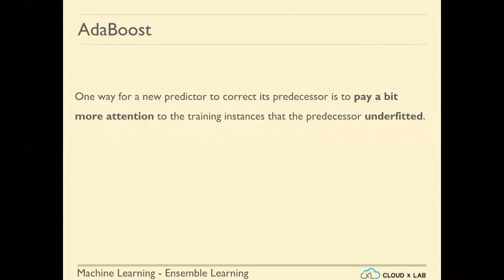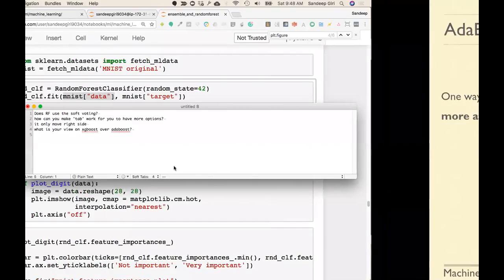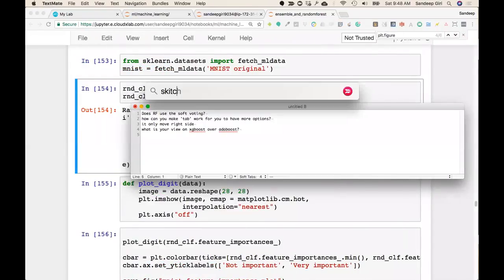So we run the first algorithm, observe what is wrongly classified, and then boost the instances on which the previous algorithm made mistakes. If the previous algorithm made a mistake, then we increase the weightage of those instances. Let's take a look at maybe a diagram.